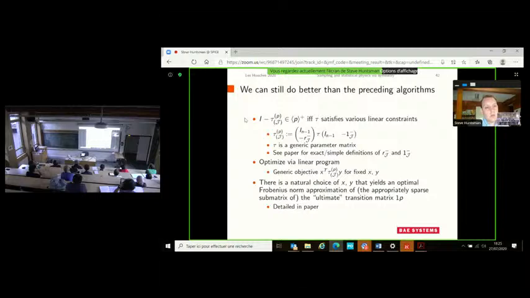And once you've built this apparatus, you can say, let's pick an optimal value via some linear program. So you've got some generic objective where you've got this matrix in the middle, and that's what you're going to optimize, and you're going to fix an x and a y. That's your objective. And there's a natural choice of these that gives a Frobenius norm approximation of this Platonic ideal of 1 times p.